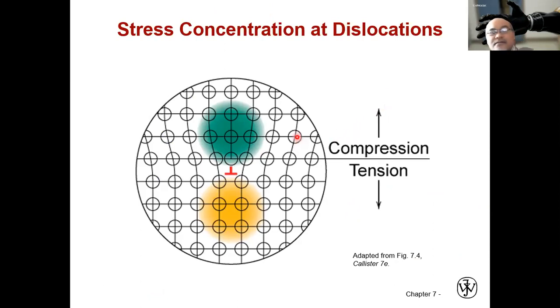Yeah. I think this is a similar graph to what we presented in the earlier slide. In the upper part of the edge dislocation, you have a compressive state, while in the lower half, you have the tension state.